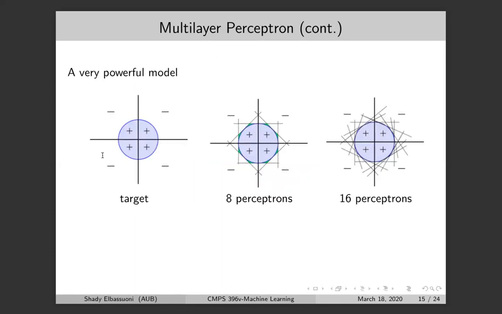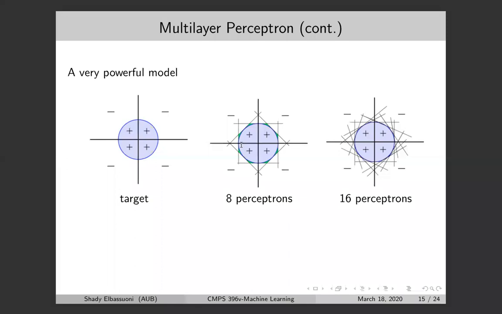Assume the target function looked like this. It's a circle. So inside is positive, outside is negative. Using 8 perceptrons, I can combine them using some logical function, like what we did with XOR between 2 perceptrons. I can come up with a logical function that represents this, and you see this is almost like a circle.